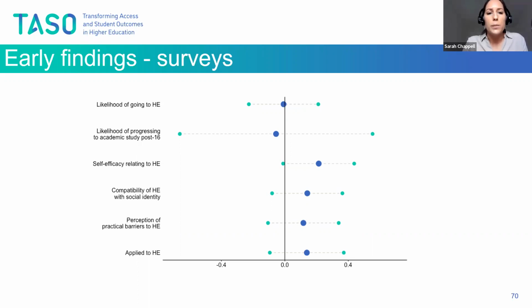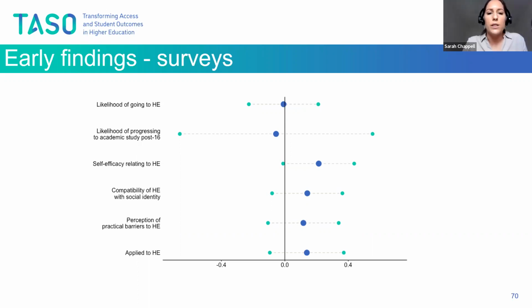It just means the true result could lie anywhere between the points. It's more likely that it lies where the point is now, but we can't be that confident of the results because the sample size was so small in that case.